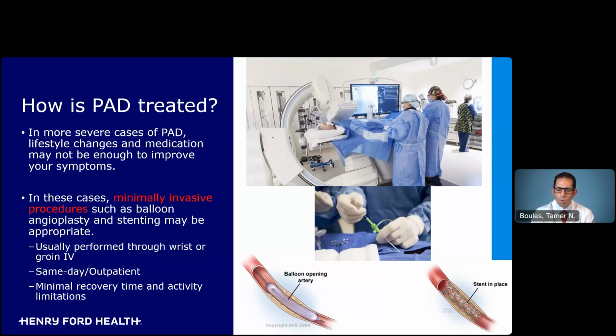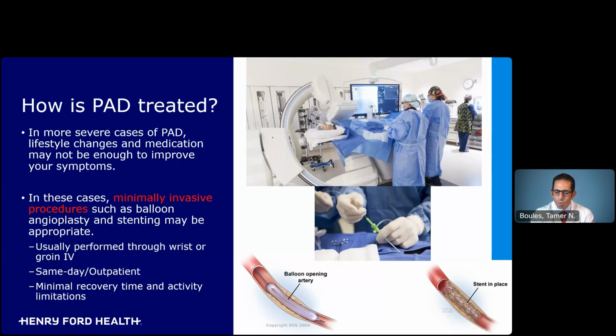And what are those procedures? Well, they usually involve, as an outpatient, patients coming to a procedural area where there are special x-ray machines, as you can see here in this picture, and frequently a very local anesthetic with just some light sedation. An IV can be placed, as you see here, into one of the arteries, whether it's at the wrist or in the groin crease.